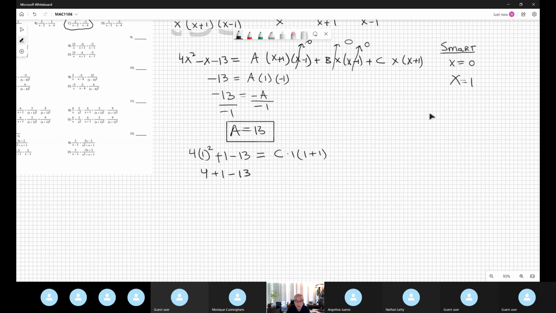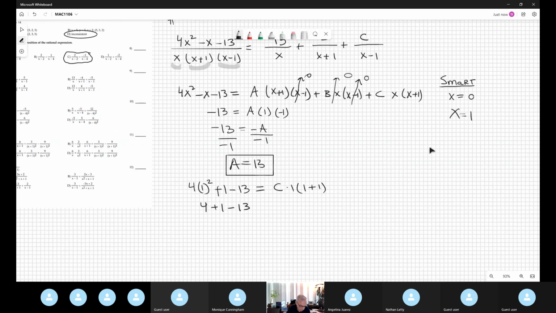Because the original is minus. Wait, you replace. Oh, it's minus 10, no? Minus 10. Let me see. You are right, it's negative. So if it's negative 1, you have 4 minus 1 is 3. And 3 minus 13 is negative 10.